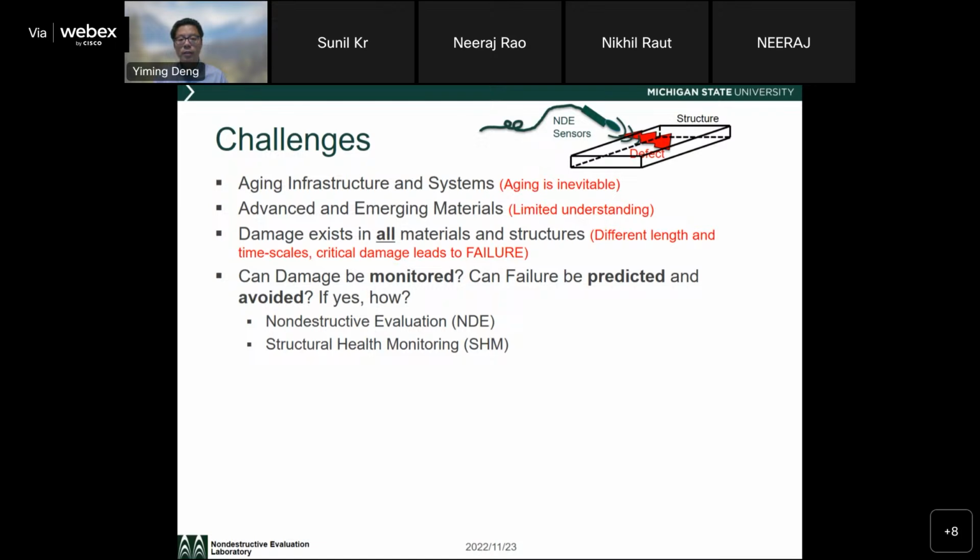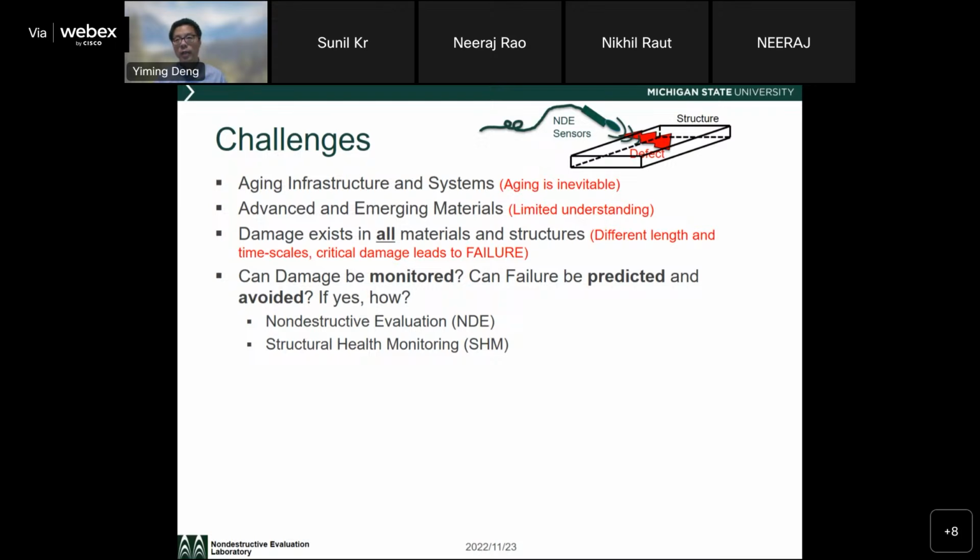So think about one example that you are probably familiar with in the human medicine or medical devices field. NDE is more like the MRI machine or CT machine that usually does that locally in a hospital.